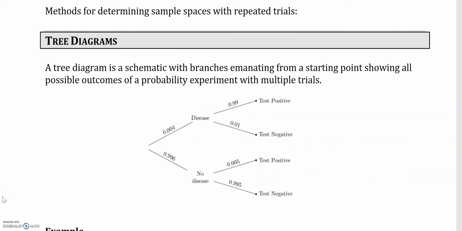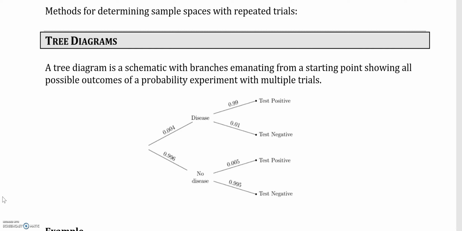Tree diagrams can be used to determine sample spaces with repeated trials. So we have a tree diagram here that shows the outcomes for an experiment with multiple trials. We can look at the probability of having a disease versus not having that disease. And you can see that the sum of these probabilities is 1, because either you have it or you don't.